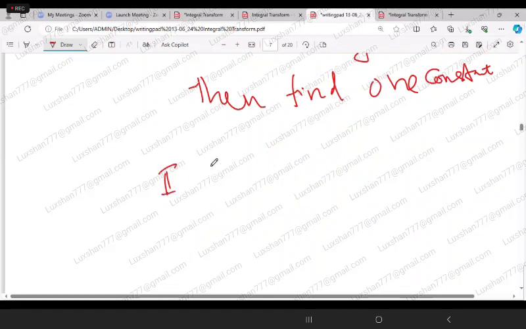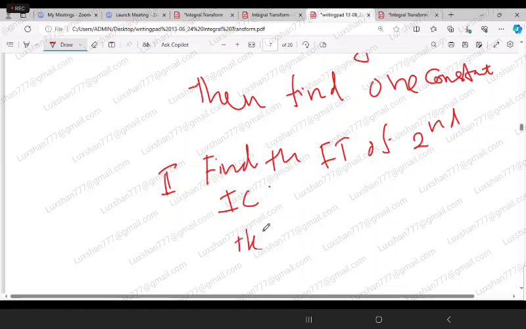Second one: find the Fourier transform of the second initial condition.